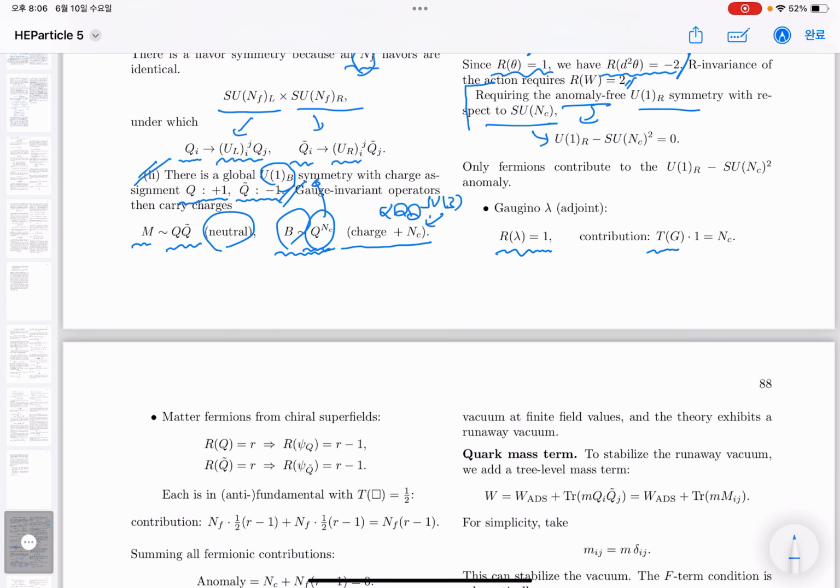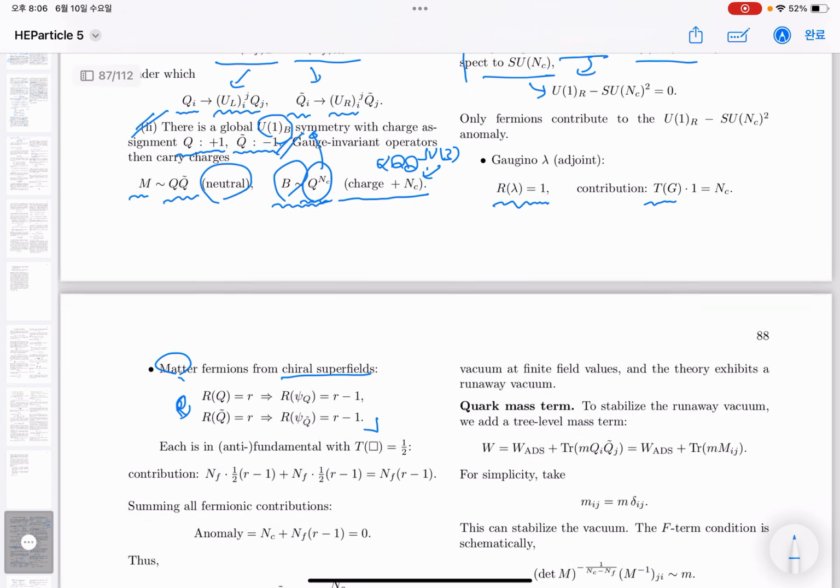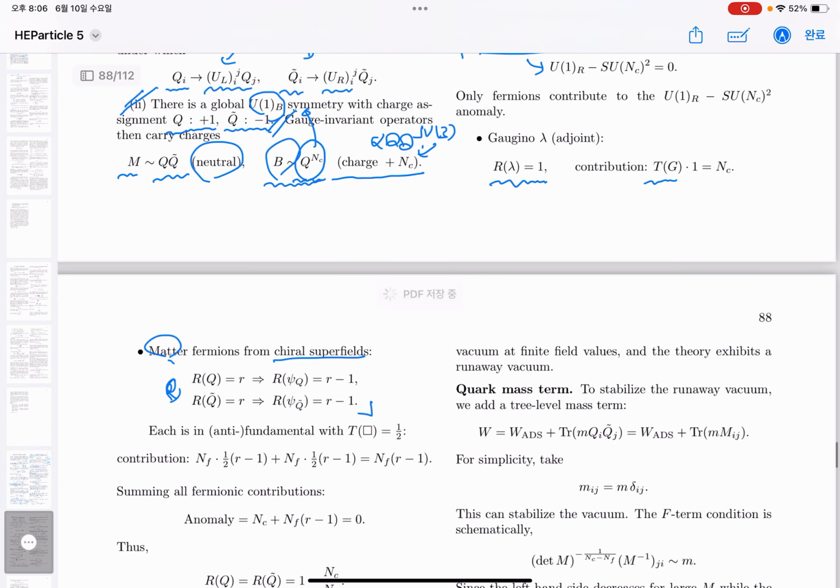And for the matter fermions from the chiral superfields Q and Q tilde, this also gives contributions involving the R charges, and also for the second term.